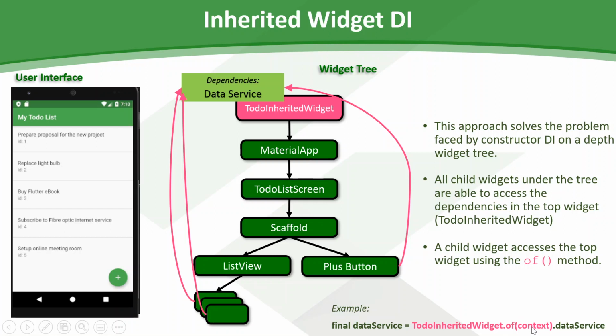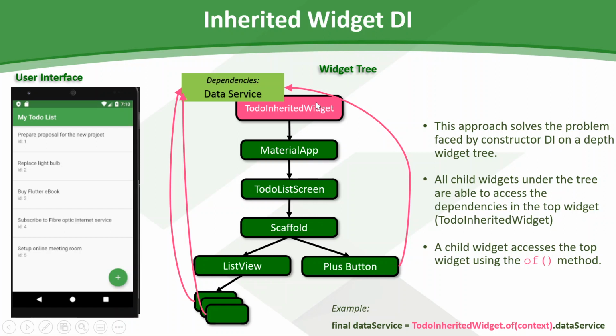Basically, it will climb up to find the first ToDoInheritedWidget. It goes here, then it will give us this object, but we reference this object by using the class. So if you have more than one ToDoInheritedWidget, it will give you the first one.